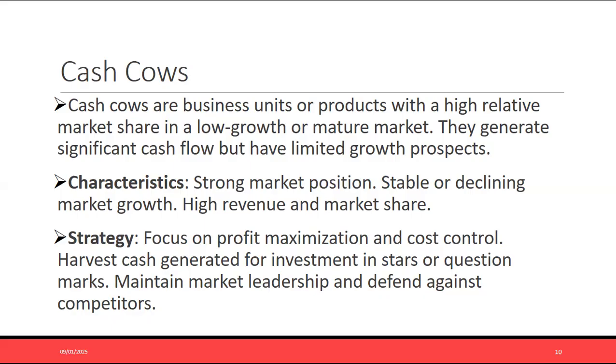Okay, so your strategy here is to harvest the cash generated for investment in stars or question marks. So if you have other products which are classified as stars, what you do is to harvest the cash you generate from the cash cows and invest into either your stars or the question marks. Okay. And then you maintain market leadership and defend against competitors.